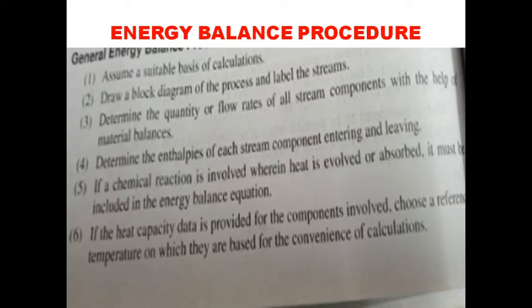Fifth step, if a chemical reaction is involved wherein heat is evolved or absorbed, it must be included in the energy balance equation. Last step, if the heat capacity data is provided for the components involved, choose a reference temperature on which they are based for the convenience of calculation. So these are the steps you should follow to solve an energy balance problem.